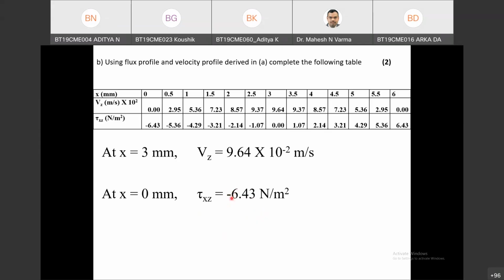The shear stress exerted by the flowing fluid on the plate itself tells me the direction, so at that time you can exclude this sign. So shear stress exerted by flowing fluid on the top plate and bottom plate is 6.43 Newton per meter square. And this is the maximum velocity. Maximum velocity is 9.64 into 10 raised to minus 3 meter per second. So is anybody getting these values?